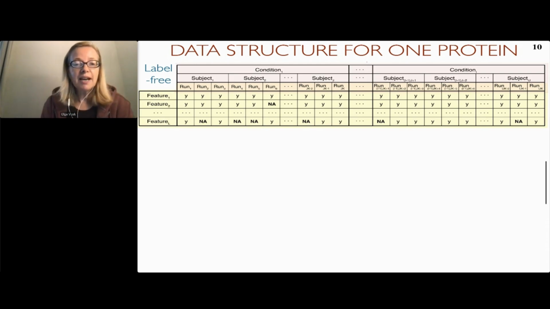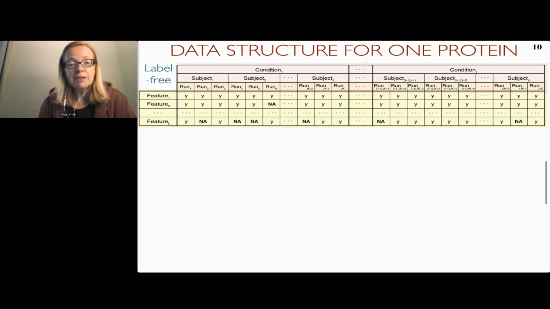So this is how we think in MStats about a label-free experiment, just one protein. This is an array. The columns in this array would be mass spectrometry runs. And in case of a label-free experiment, maybe we have multiple technical replicate runs from the same subject. So all these columns are grouped by the same subject.